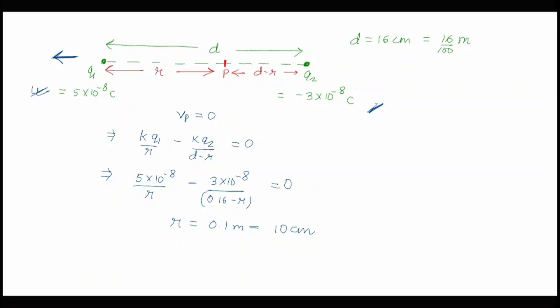So in the same way, let us draw another diagram. We are drawing the same system, that is charge Q1, which is equal to 5 into 10 to the power minus 8 coulomb, and another charge Q2, which is equal to minus 3 into 10 to the power minus 8 coulomb, and they are separated by distance d, which is equal to 16 centimeter.